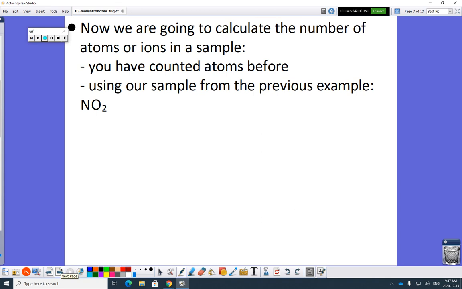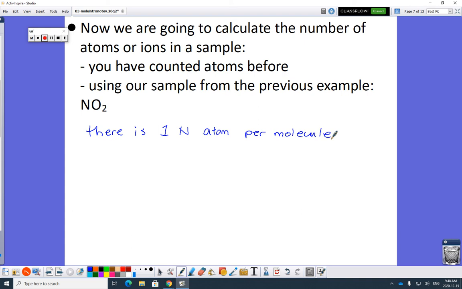So you have already counted the number of atoms. So for example, if we do NO2, then how many nitrogen atoms would you say are in one molecule? How many N's? One? Yep. How many O's?